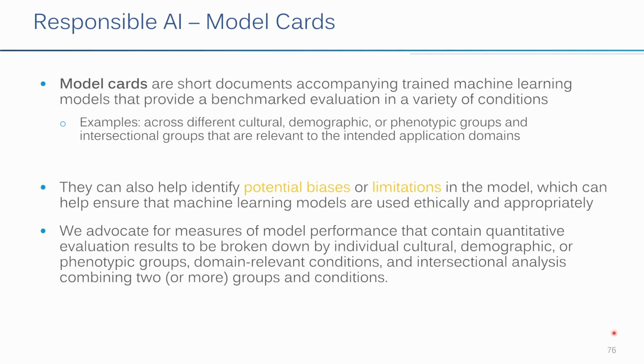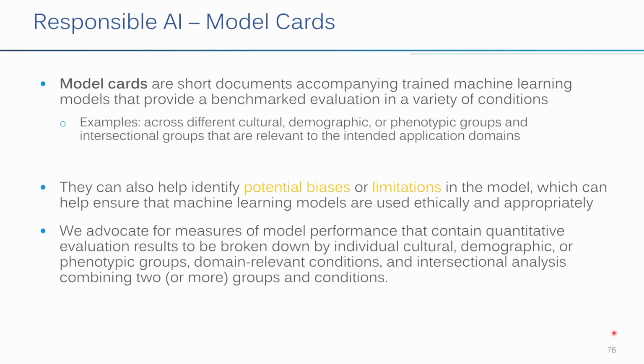So model cards are short documents that go together with trained machine learning models and can provide a benchmark evaluation in a variety of conditions. And not only that, these model cards can also provide more details on which specific portions of the data set they perform the way they do.